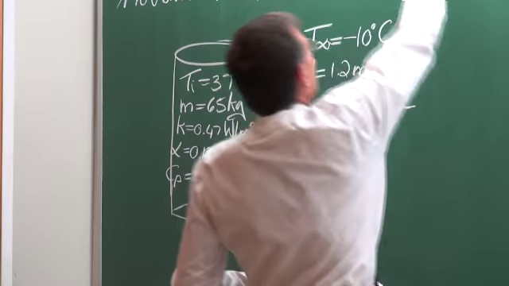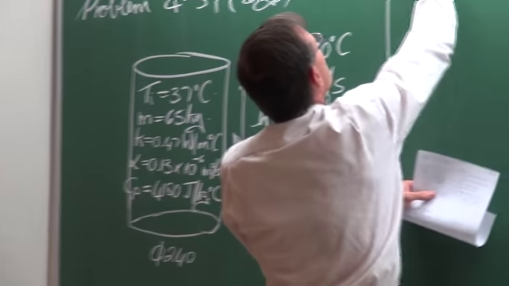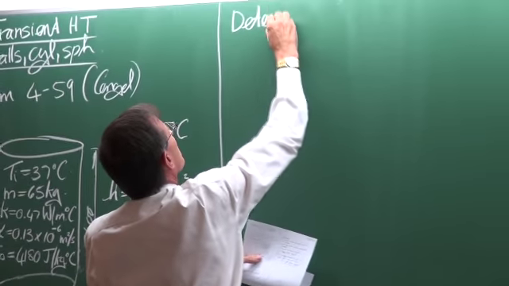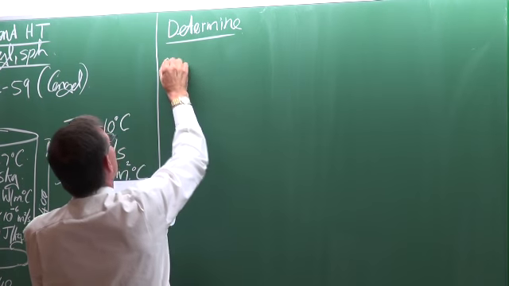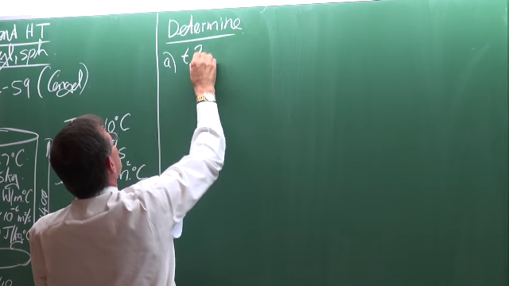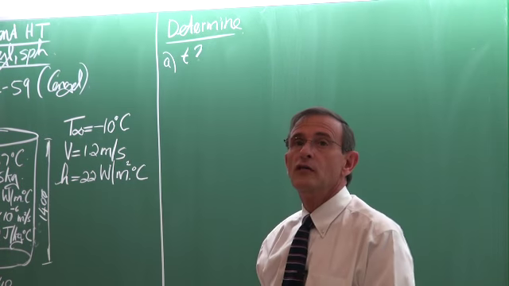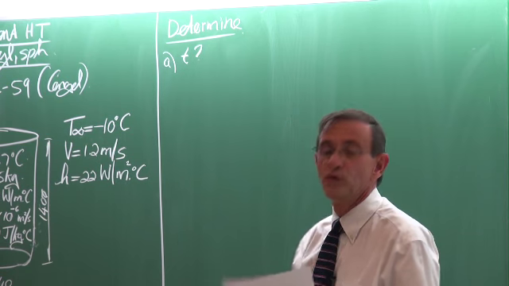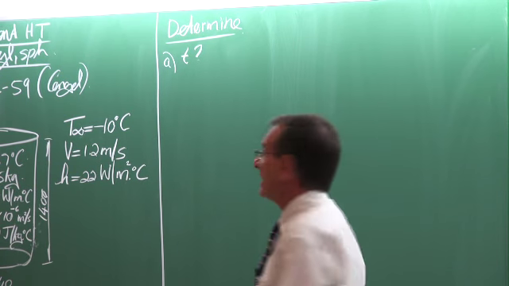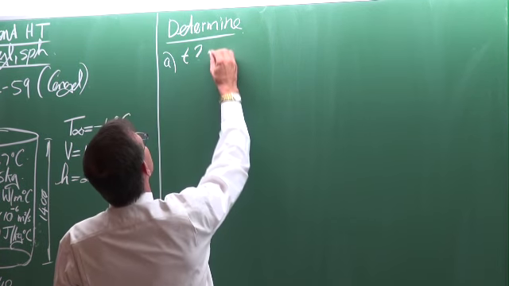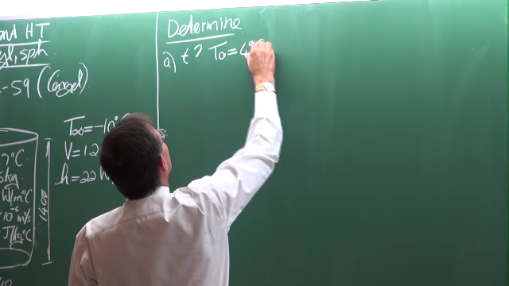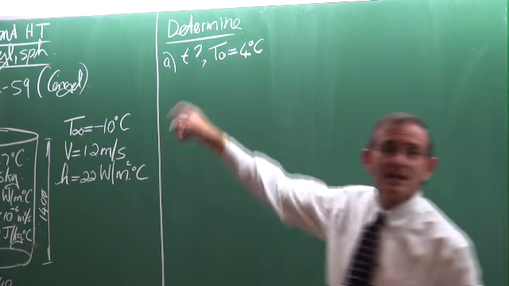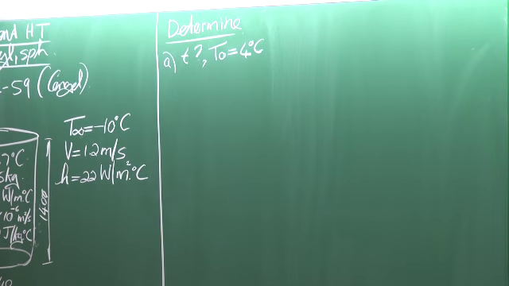Right. Now, determine the following. We determine firstly the time for the carcass to drop to 4 degrees Celsius at the center. So the time for the center temperature, remember T0 indicates at the center, where r is equal to 0.